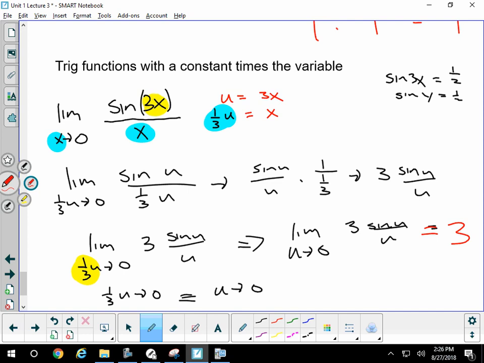After all that. Now, you might be thinking, well, Mr. Messner, what if we took that 3 and put it outside? Wouldn't you get that same answer? Yes, you would. However, you can't. Does that make sense?